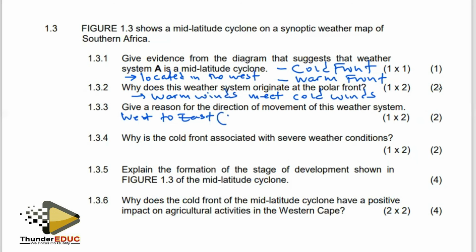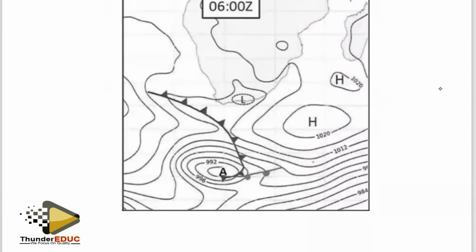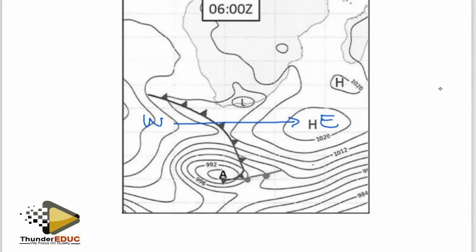Then we say they are driven by the westerly winds. So if you look at the diagram, usually mid-latitude cyclones, they move from the west going to the east.